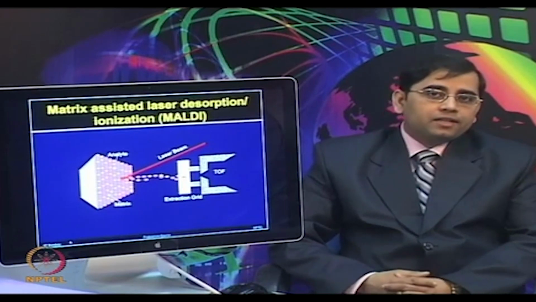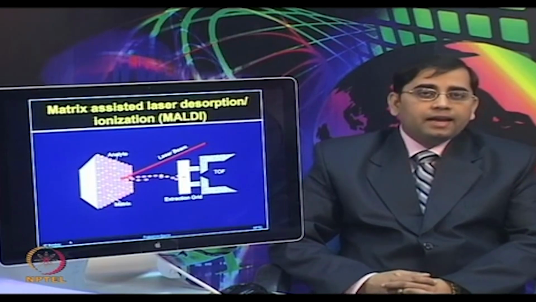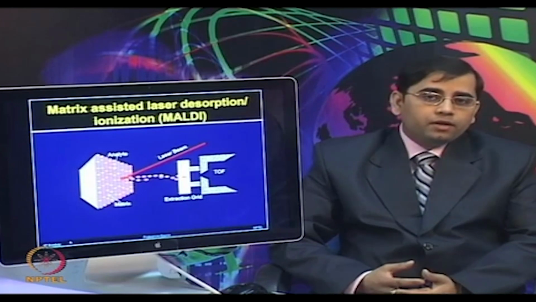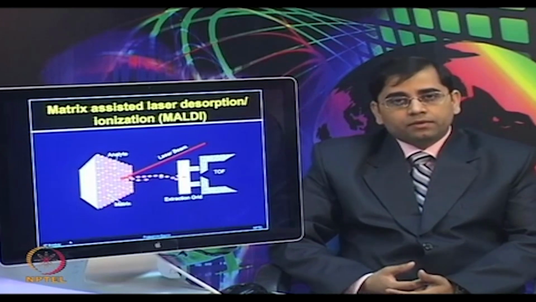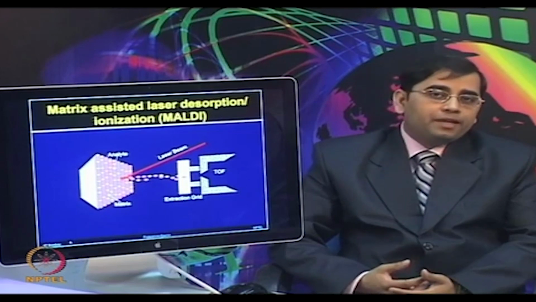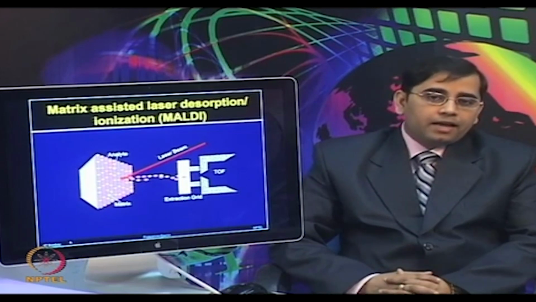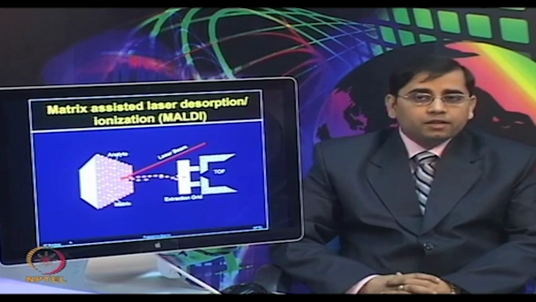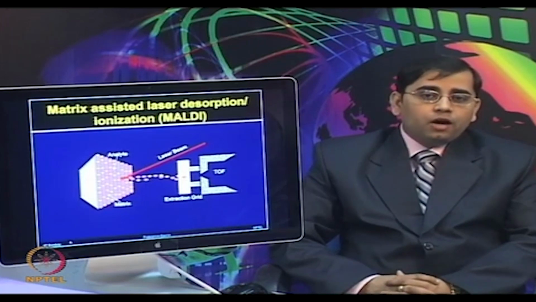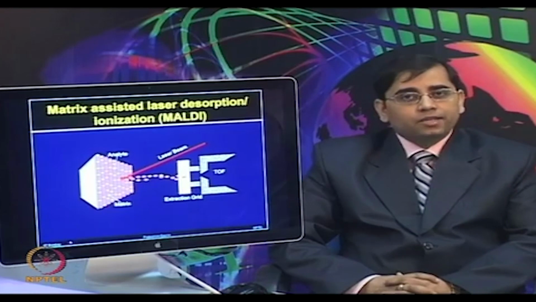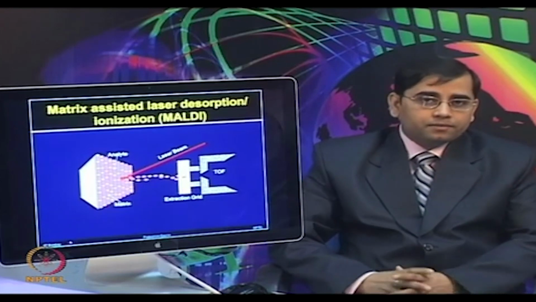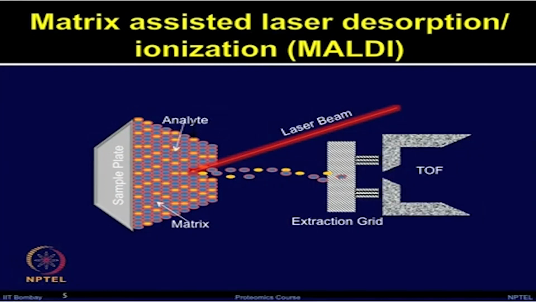Once you have selected a matrix for the experiment, the analyte and matrix can be dissolved in an organic solvent, after which it can be placed on the metallic target. As you can see in the slide, the first left section shows you how to place the analyte and matrix together on the sample plate. Now, once you have placed the matrix and the analyte on the target plate, you can put that in the vacuum chamber and apply high voltage.